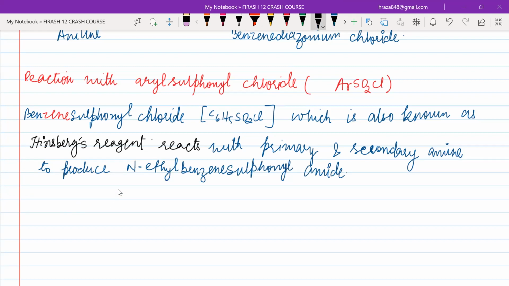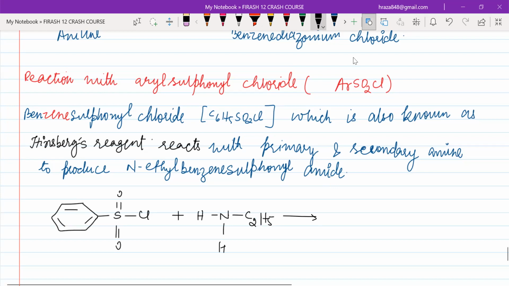So it's very easy. You can see the reaction. This is your benzene sulfonyl, and this is your chloride. If you react this with a primary amine, what will happen? You just need to remove this HCl and you will get your product.